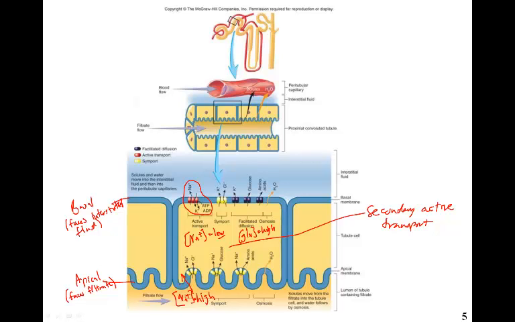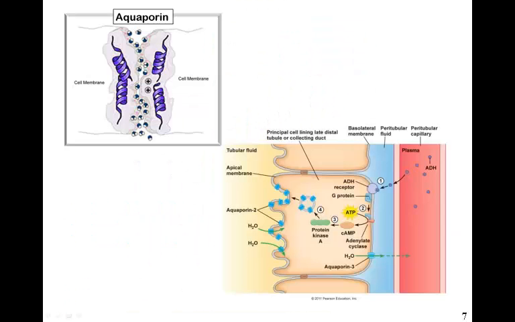One thing that's important to know about cells all over the body, with a few exceptions, is that cells of our bodies generally have channels in their membranes that are permeable to water.